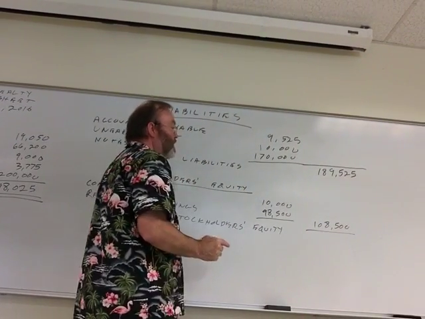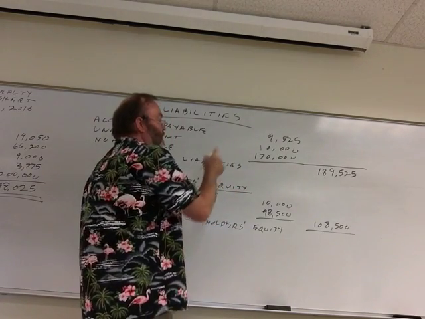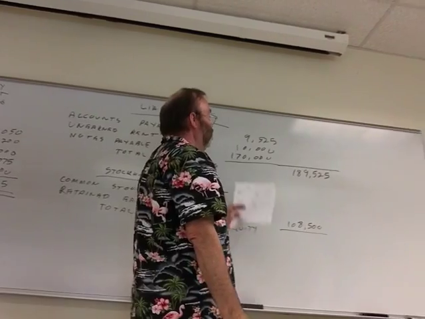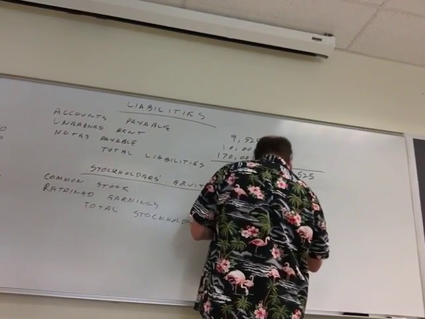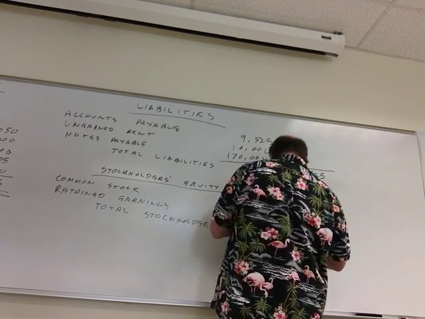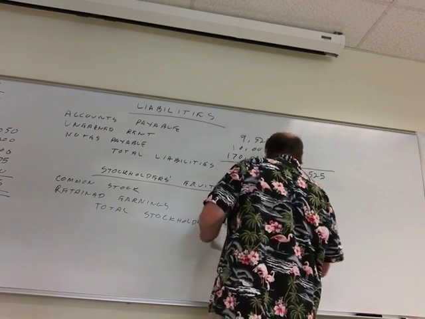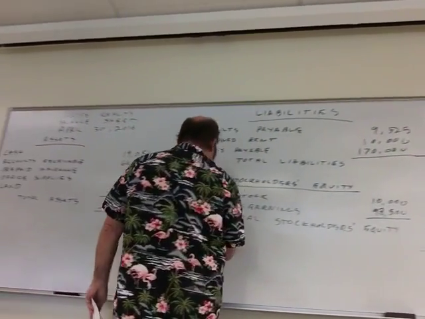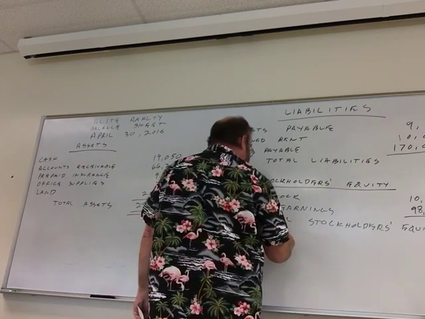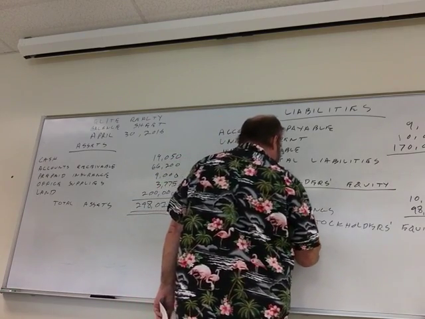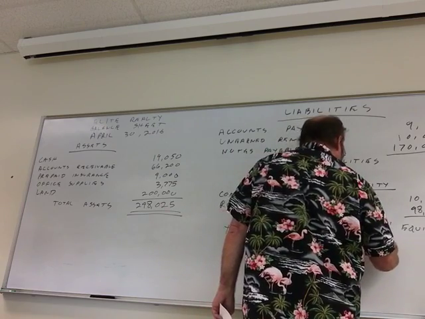Add the $108,500 in stockholders' equity to the total liabilities of $189,525, and the magic of numbers, $298,025 in total liabilities and stockholders' equity.